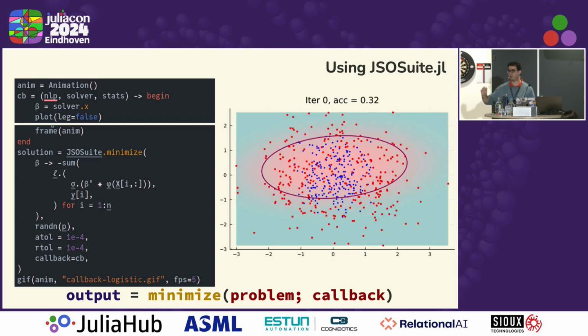In this case, I plot and save in a frame of the animation. So I can actually see how my optimization model is working to minimize this problem and to find the logistic regression bound. So this is a simple example, but you can do that, for instance, to control the loss of your machine learning model, right?